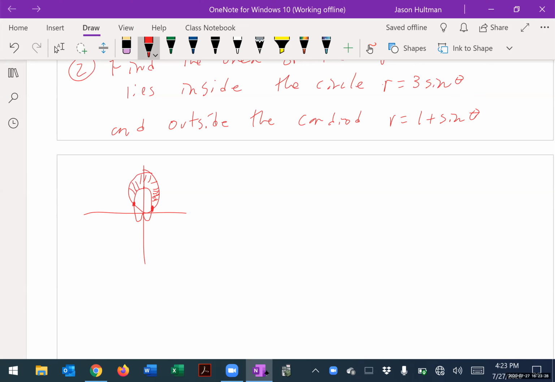At what angle do these things intersect? Okay, that's a really bad circle. Let me try to draw the circle again. A little bit better. Maybe it's not the circle that's bad, maybe it's just the cardioid. I should really be getting some symmetry here, but I'm not getting the symmetries.